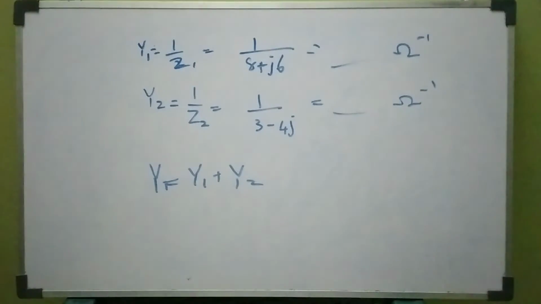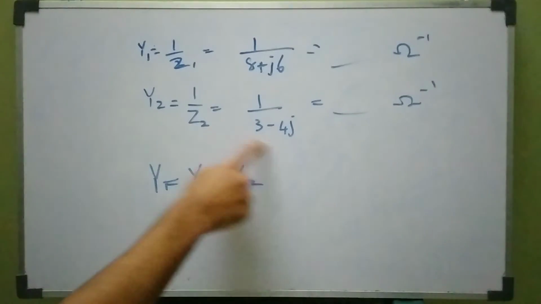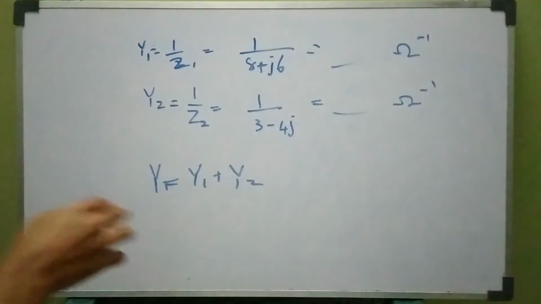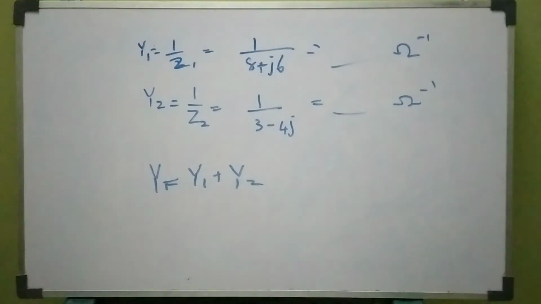Why are we adding this rather than adding the impedance? The main thing is, if the circuit is connected in parallel mode, we need to remember we are going to add the admittances. If we have a series circuit, we can directly add the impedances. So it is a little more difficult than a series circuit. However, it's not really difficult if we are using the calculator.